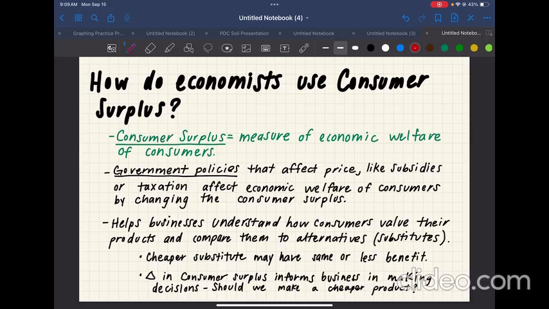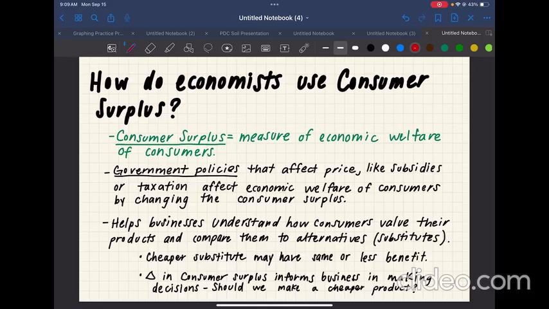So the opposite of what we just looked at happens. It shrinks the consumer surplus, meaning that there's a decline in the economic welfare of consumers. Policies like subsidies, which lower the price, increase the consumer surplus, increasing the economic welfare of consumers. So that's how policymakers might use the idea of consumer surplus.